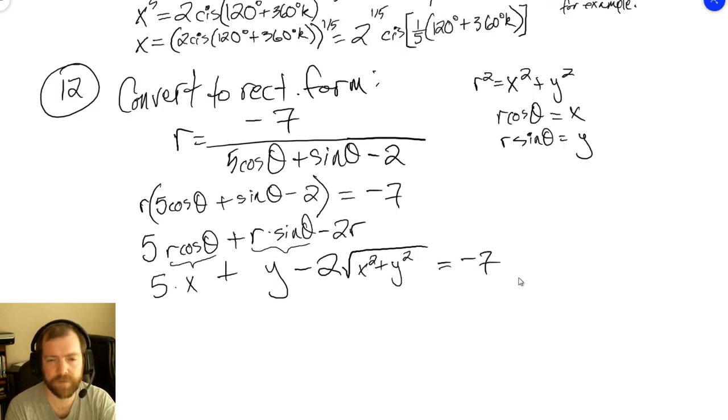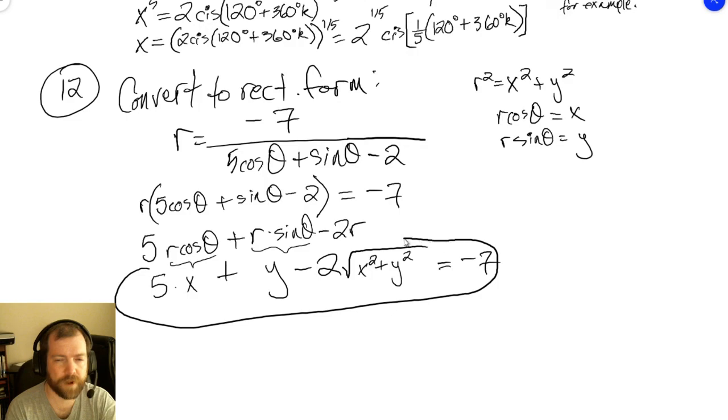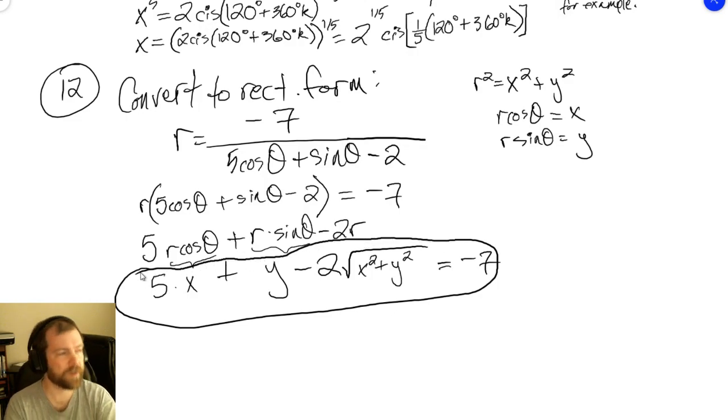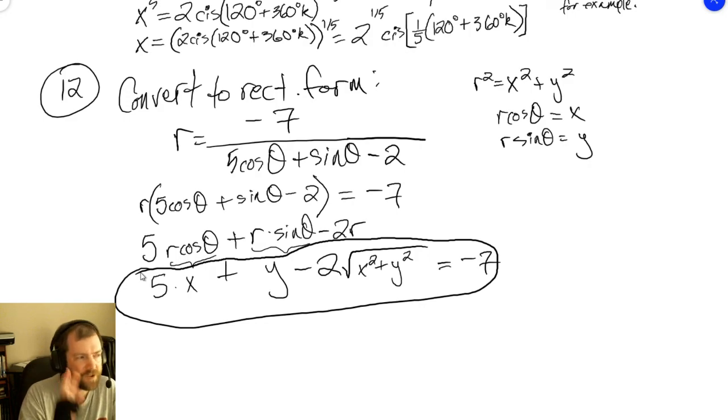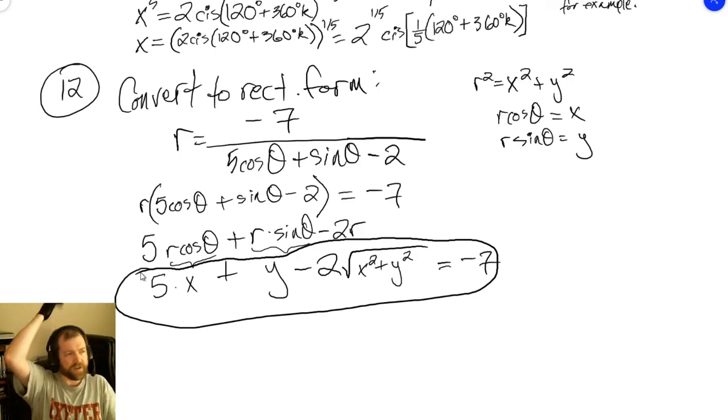equals -7. And quite frankly, I would have my students stop there. You don't need to try to solve for y. That's crazy. Why would you do that? The problem with it is that there are 2 terms with y's in them. If you try to square anything to get rid of the square root, you're just going to end up with a bigger mess than what you started with. So yeah, sure, in theory you could find it, but I don't care. This is fine.